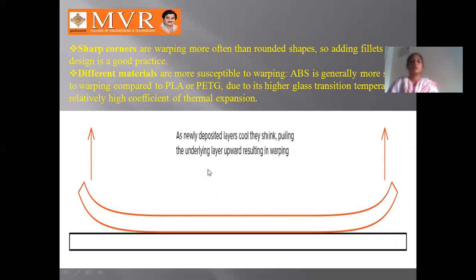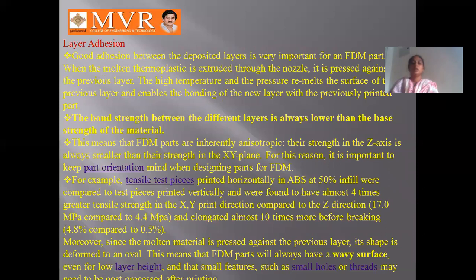And also sharp corners warp more often than rounded shapes, so adding fillets to your design is a good practice. Different materials are more susceptible to warping. ABS is generally more susceptible to warping compared to PLA due to its higher glass transition temperature and relatively high coefficient of thermal expansion.